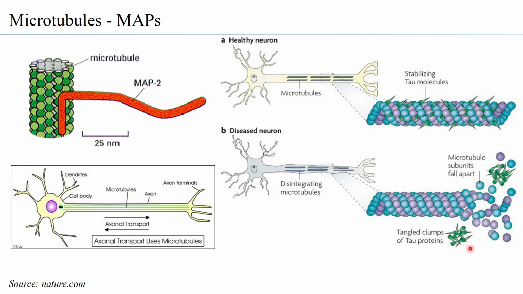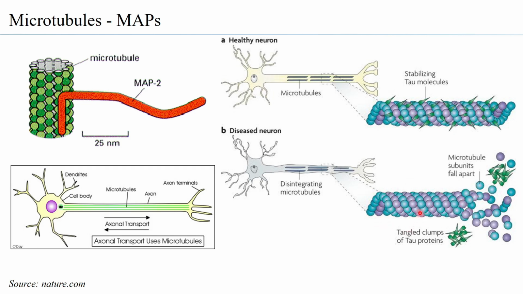Then the tau proteins will rather bind to each other to form a tangled mass, and will not bind to the microtubule. If it does not bind to the microtubule, the microtubules begin to depolymerize or disassemble. So the transport can happen till here, but because it is getting depolymerized, transport will not move any further.